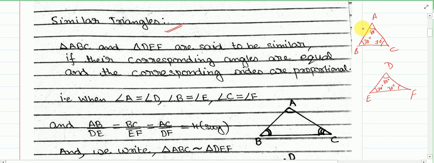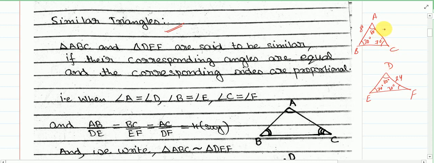Let's say this is 8 and this is 24. Now in triangle ABC, side AC has angles 80 and 70, so the corresponding side of AC in triangle DEF will be DE.